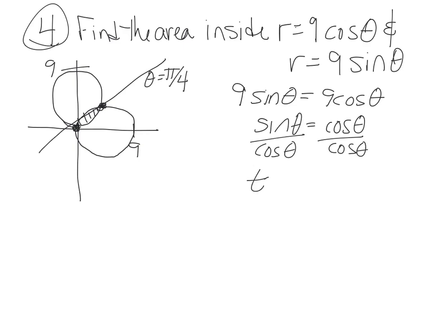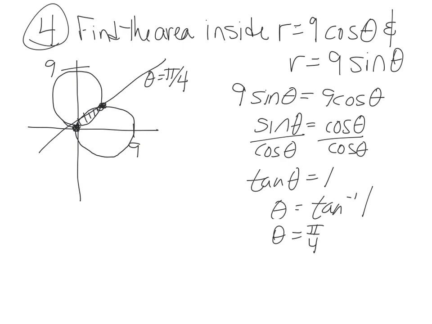Sine over cosine is tangent of theta equals 1. And then if you take the inverse tangent on both sides, theta equals the inverse tangent of 1. So pi over 4 is equal to theta. We're only working in the first quadrant here because of the situation we're dealing with.